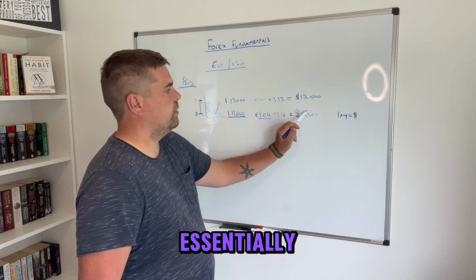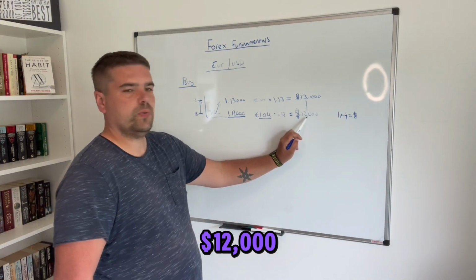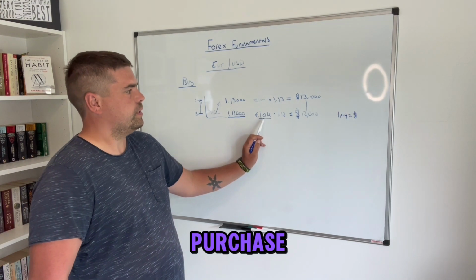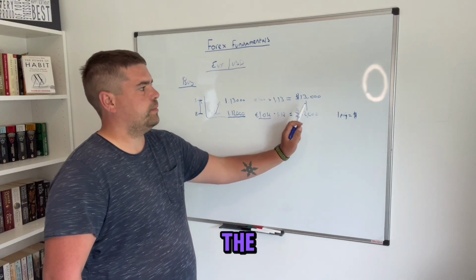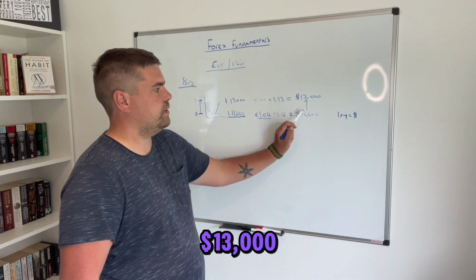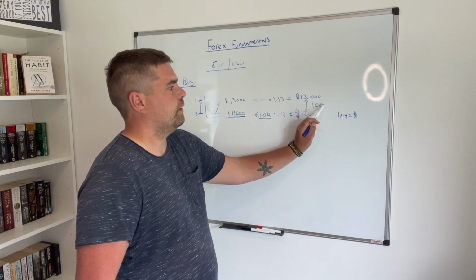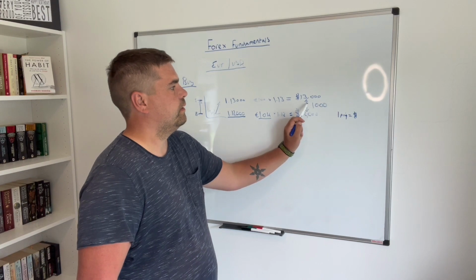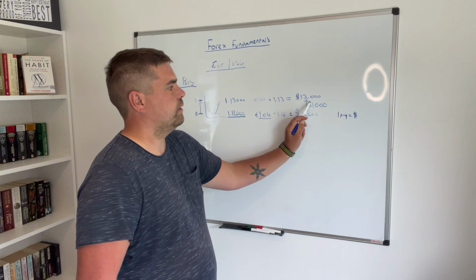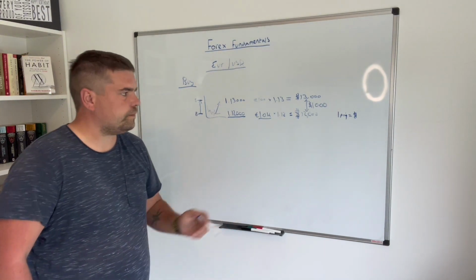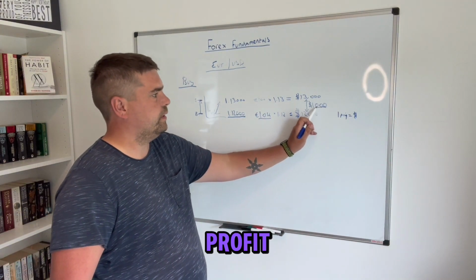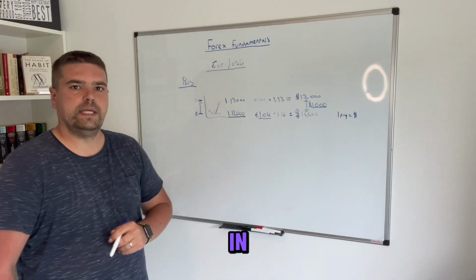So essentially, it cost us $12,000 to purchase, and we've now sold it back to the market for $13,000. So it means that the difference there is $1,000. And that is where you make your profit on the buy in this example.